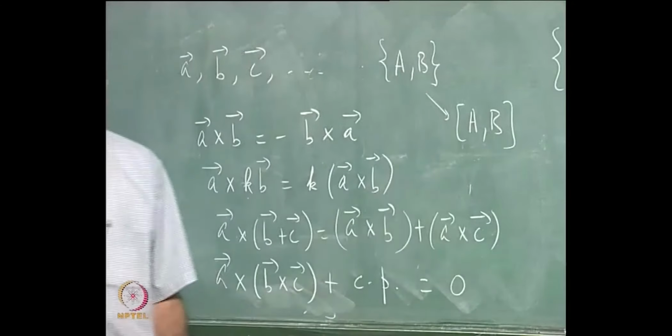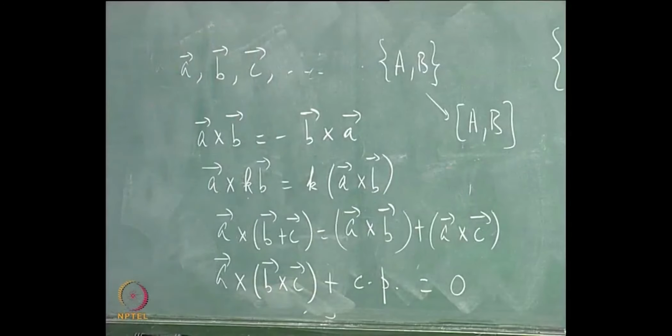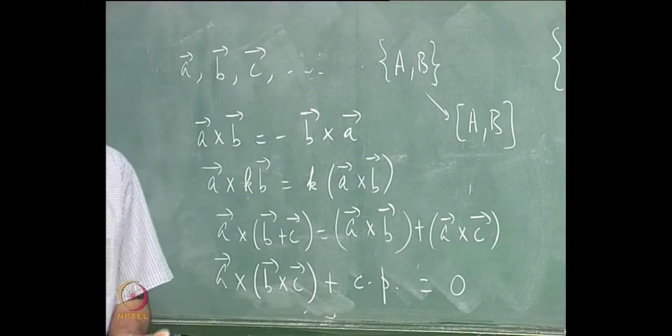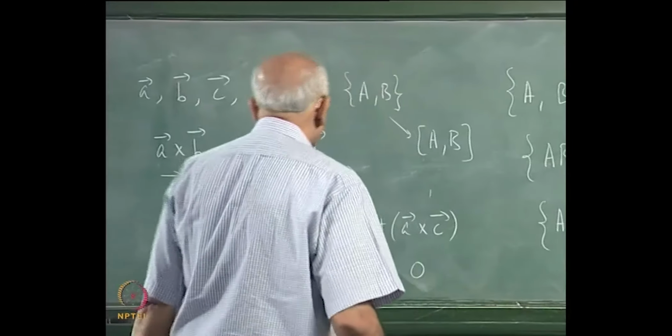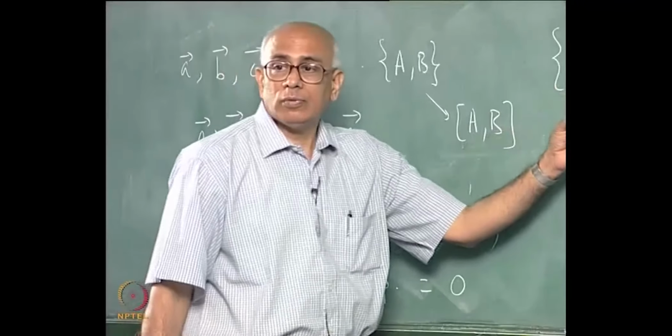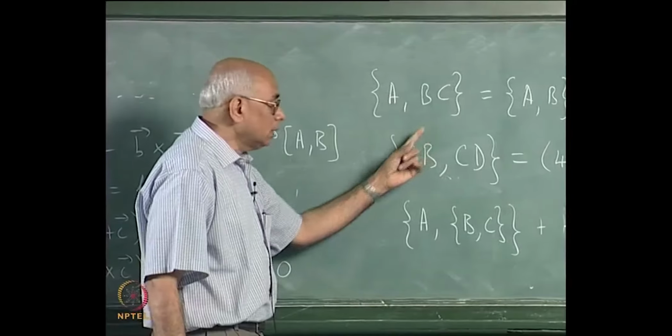This stands for AB minus BA. Then the commutator of 2 matrices is antisymmetric. The commutator of A with B is minus the commutator of B with A, and this property is valid for commutators, and so is this.